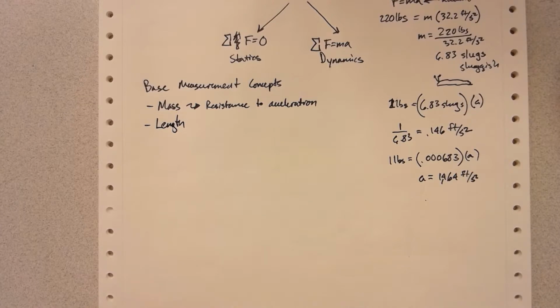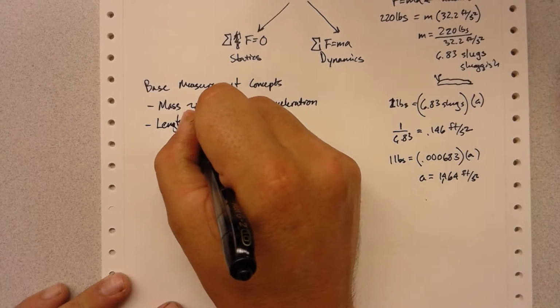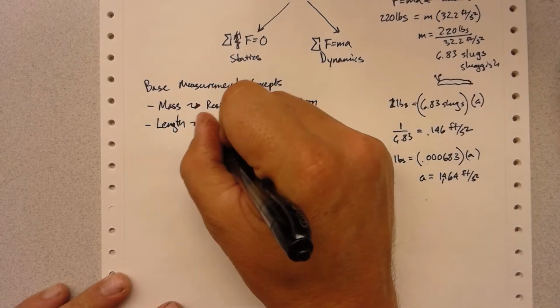Liters is a little bit different, but I believe there are 1,000 cc's in a liter, and a cubic centimeter is 1 milliliter. Okay. So length, this is some distance measurement, we'll say.